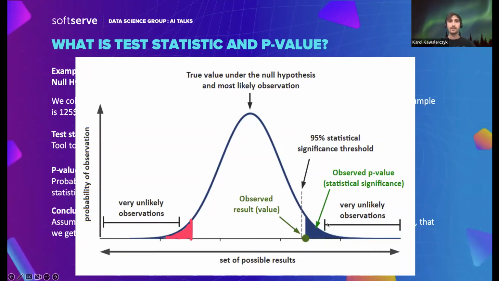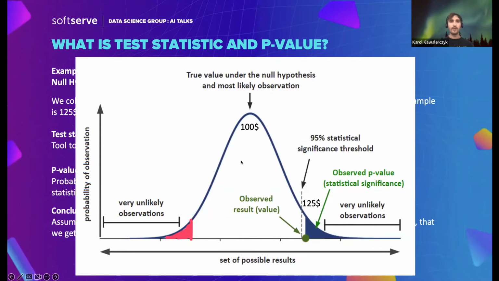It basically tells us how probable it is to get the data under our hypothesis and our statistical model. Going back to our example, this is the place where our $100 would be. We assume that people spend on average $100, so this is the most probable event in our world. But what we get is $125, that fits somewhere over here.